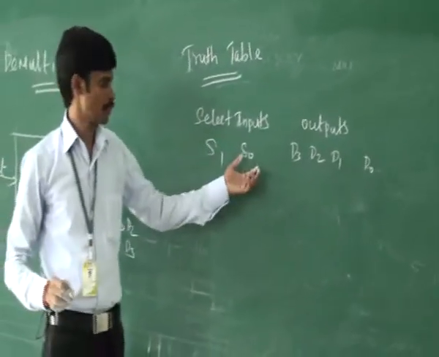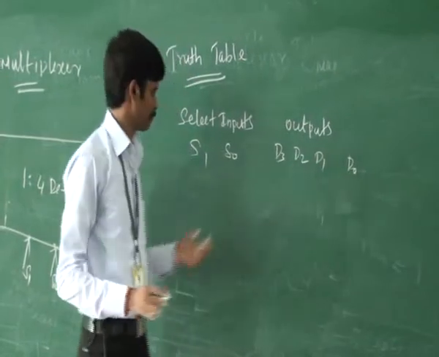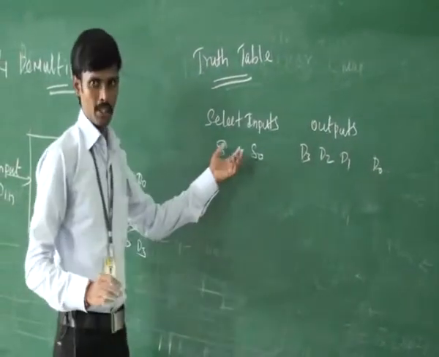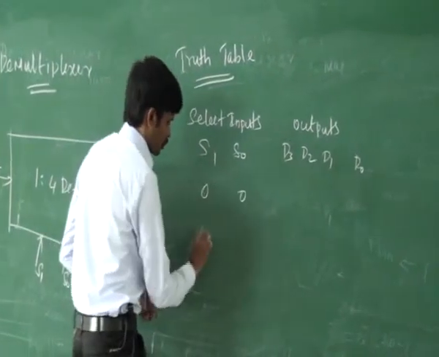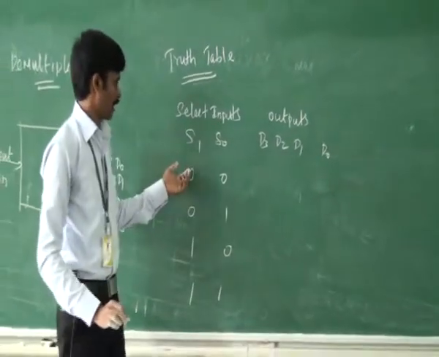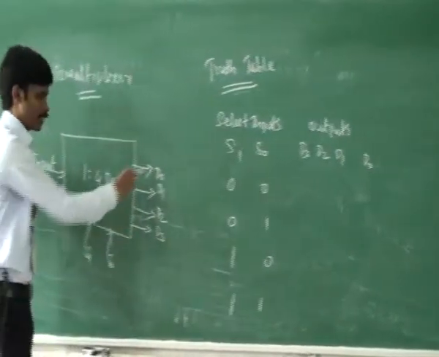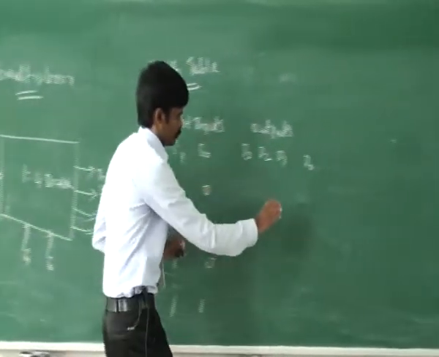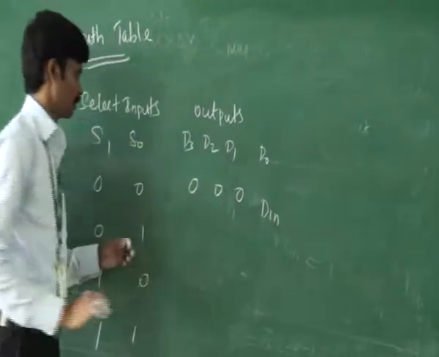Here we have 2 select inputs and 4 outputs, D0, D1, D2, D3. With 2 select inputs, there are 4 possible combinations: 0 0, 0 1, 1 0, 1 1. When the select inputs are 0, 0, Din is connected to D0. The remaining outputs will be 0.